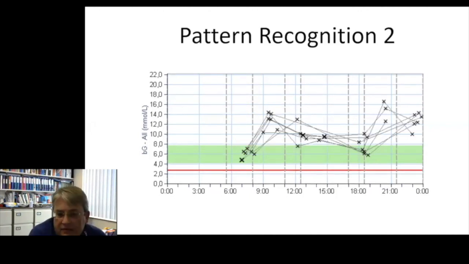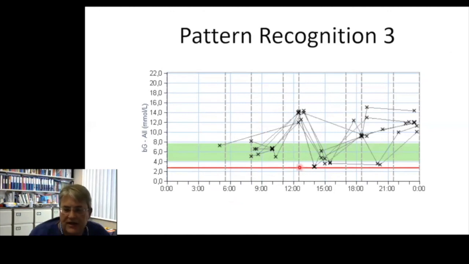The second pattern that we look at is saying, so the fasting now looks fine, but clearly there's a very significant rise that's happening after breakfast and again after the evening meal. So we've clearly got postprandial hyperglycemia, which has its own requirement for intervention.